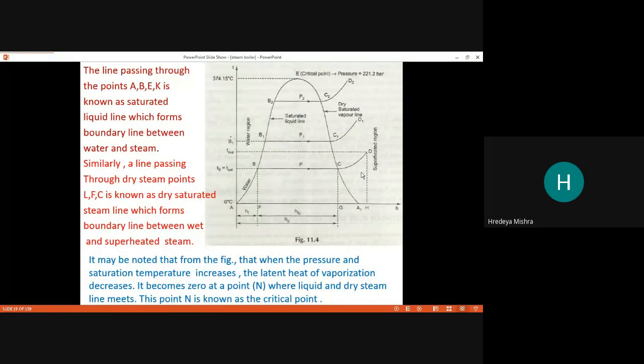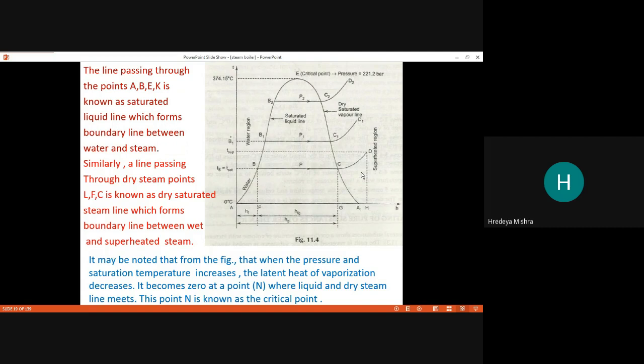Similarly, the line passing through the dry steam points L, F, C is known as the dry saturated steam line, which forms the boundary line between wet and saturated steam.